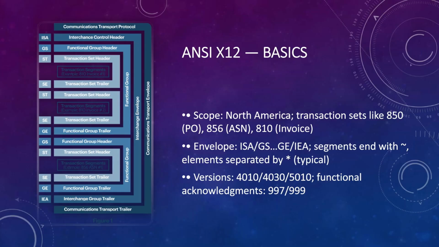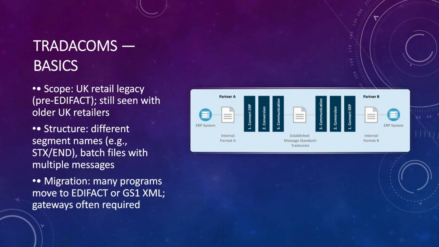You will usually see elements separated by asterisks and segments ending with a tilde. X12 is more rigid than EDIFACT with fixed element positions, but it's very standardized and widely adopted in US-centric programs.